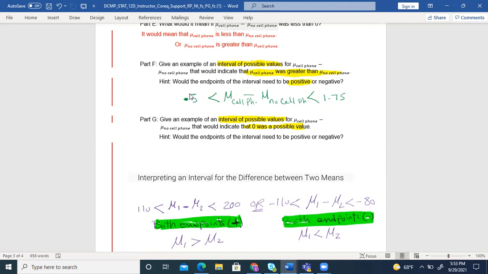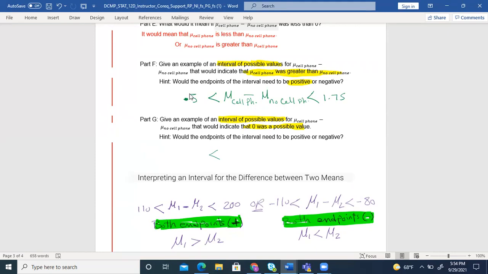The other one is that you need an example for an interval of possible values for the difference that would indicate that zero is one of the possible values. And this is what happens, as we mentioned before, that both ends must have different signs. So it cannot have the same sign.